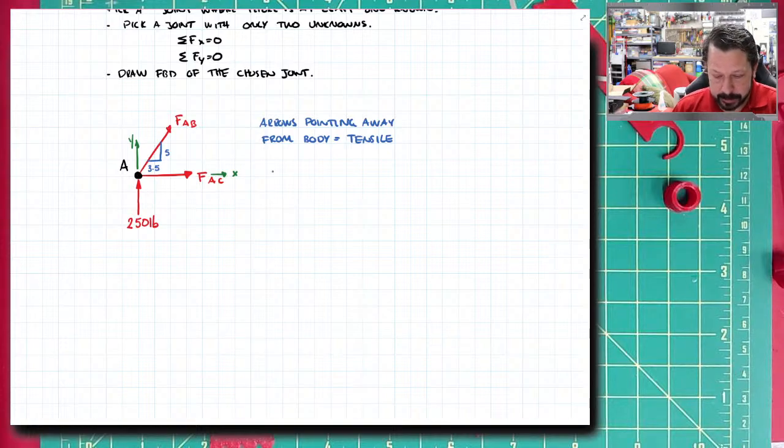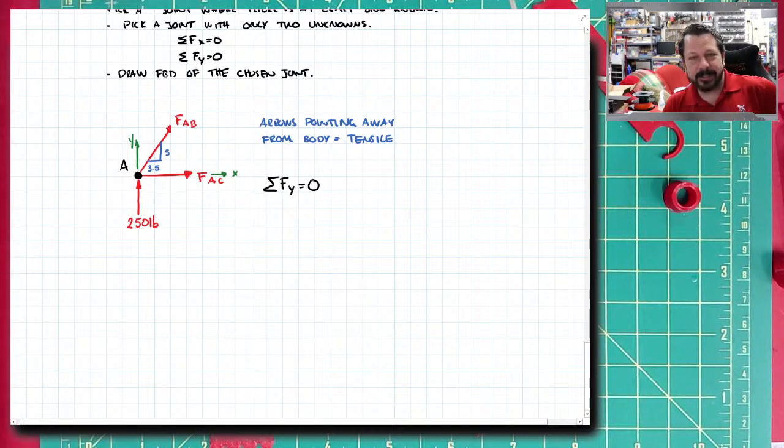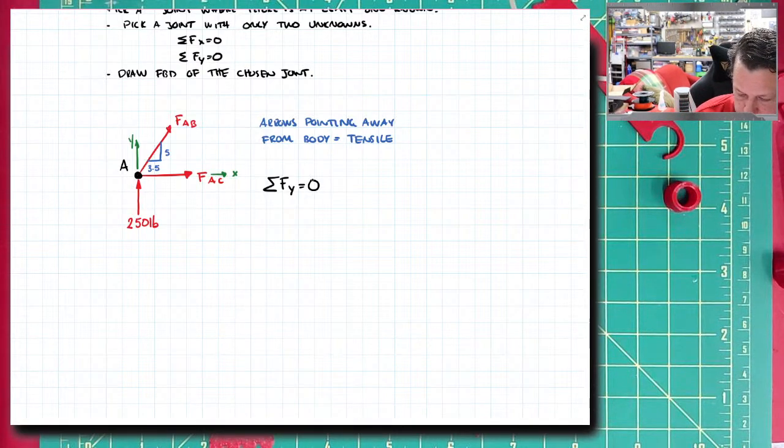So in this case, it's better to start with the summation of forces in the Y direction. It doesn't actually hurt anything if you do X first. It just gives you an equation you can't solve right away. Then you write the Y, and then you can go back and solve the X. Or you could just decide, I'm going to do them all simultaneously anyway, so it doesn't matter. So whatever is better for you.